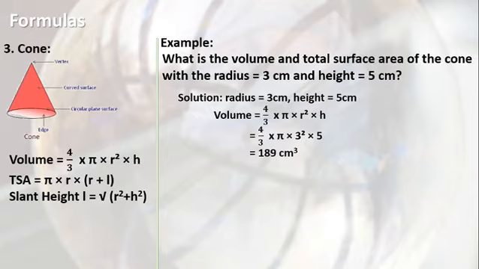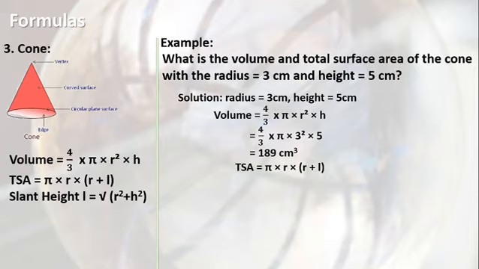Like we were told, the TSA can be calculated by pi times r plus l. That's inside the bracket. So we need the value of L, which is the slant height. Now if you have not forgotten, I told you that the height h is not the same as the height L. The height h is the vertical height, and the height L is the slant height.